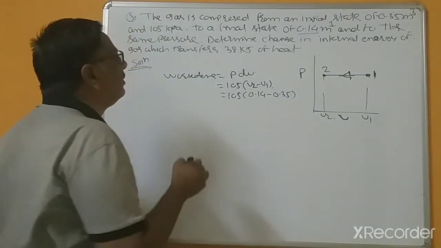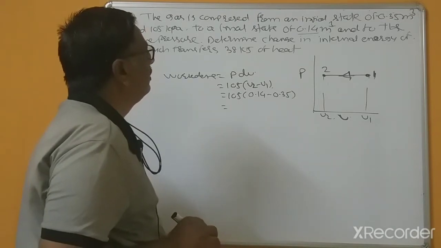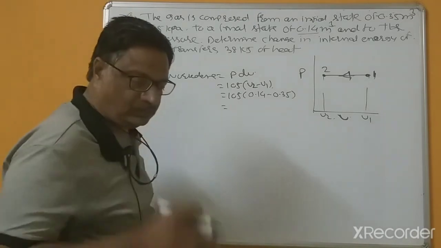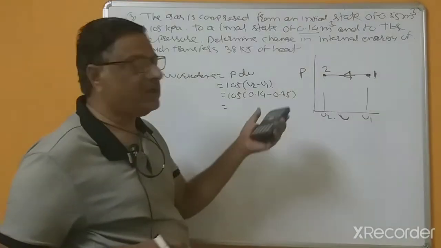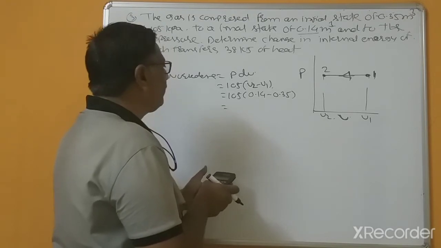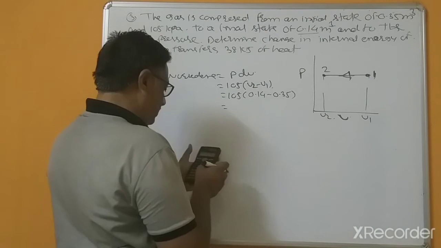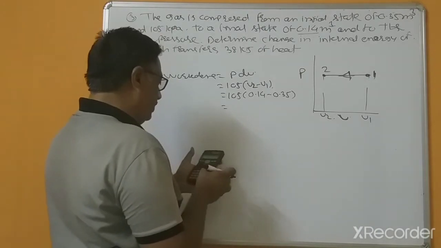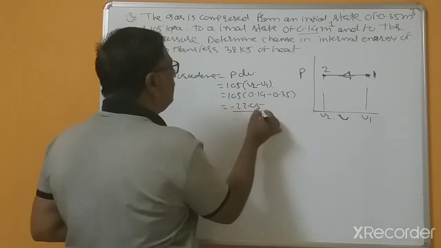Directly you will get this as negative, and this is work done on the system. So 0.35 minus 0.14 is 0.21, multiplied by 105, and this is 22.05, negative.